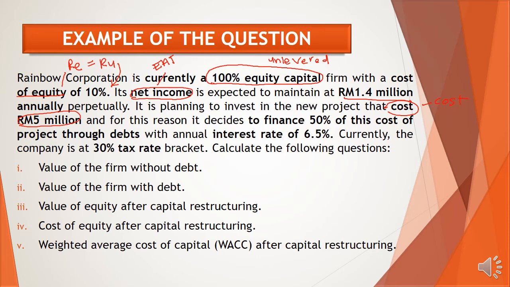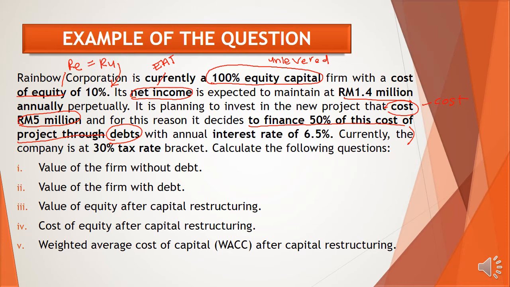And for this reason, it decides to finance 50% of this project cost through debt. When there is information regarding borrowing or financing with the involvement of debt, it means that to get the project cost amount of 5 million, the company will finance 50% of the project's cost by borrowing, through debt. Based on this information, we know that they will now have involvement of debt.